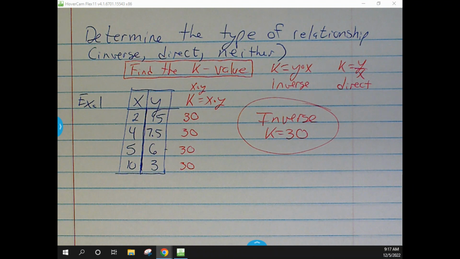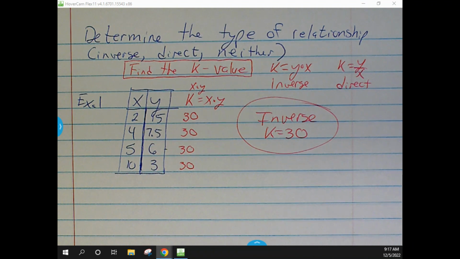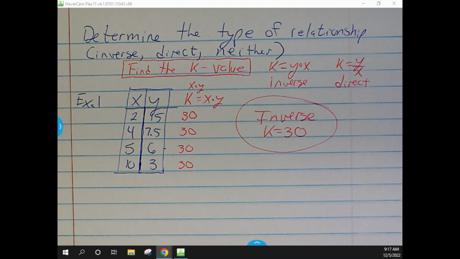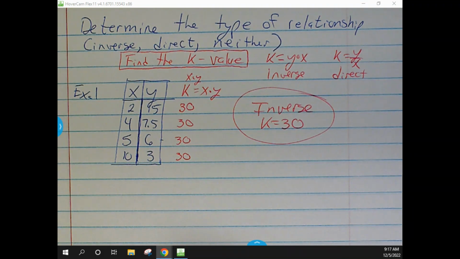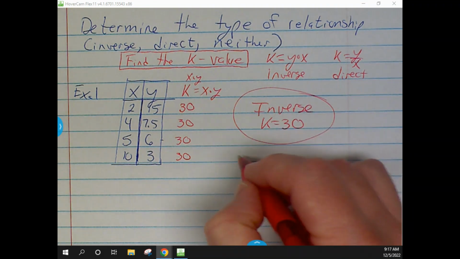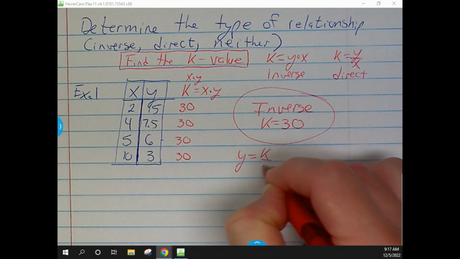One other thing they might ask you to do on top of this is say, now that you know it's an inverse variation and the k value is 30, tell me what the equation would be of this particular relationship. So for inverse, that's y equals k over x.